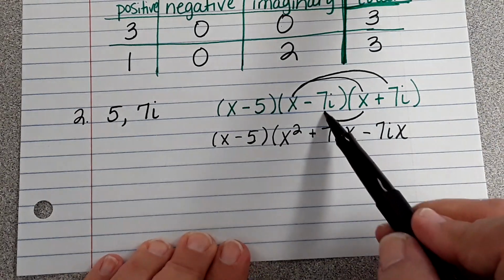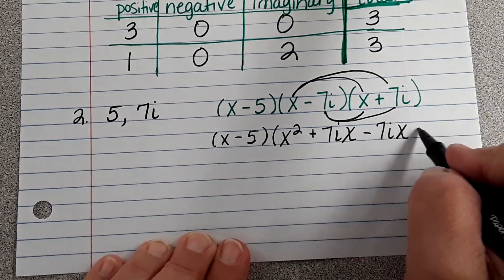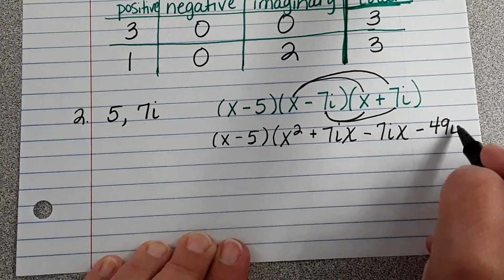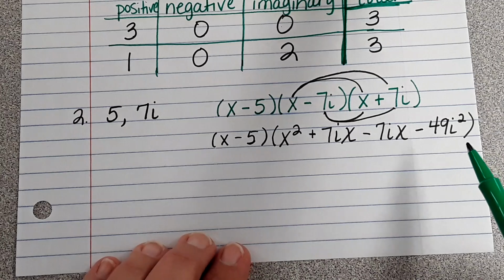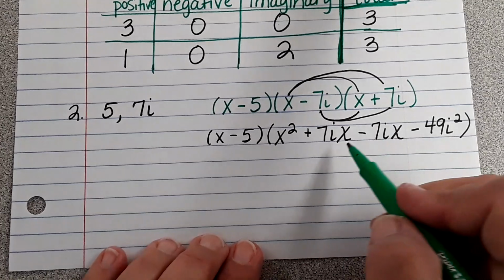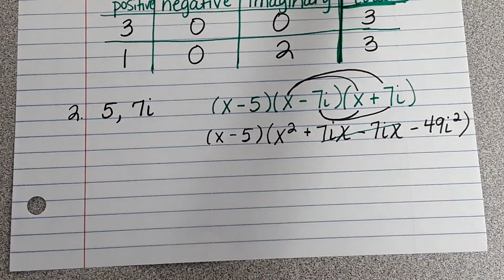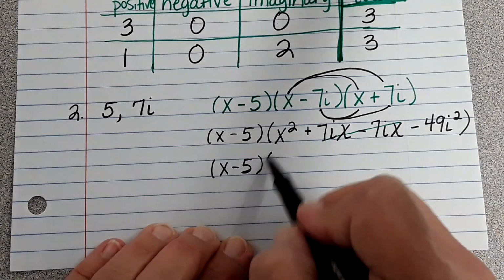And then what is negative 7i times positive 7i? Negative 49 i squared. Okay, what do you notice about the two middle terms? So these cancel out. That's why you should always do those imaginary ones first, because things will cancel out. If you multiply the real times the imaginary, you'll have a lot of i's and nothing cancels out. Okay, so I'm going to leave x minus 5.